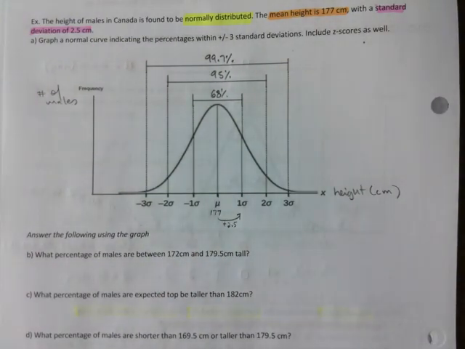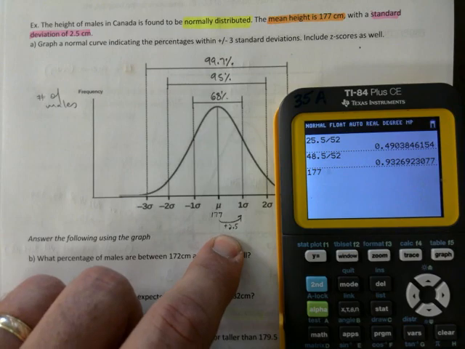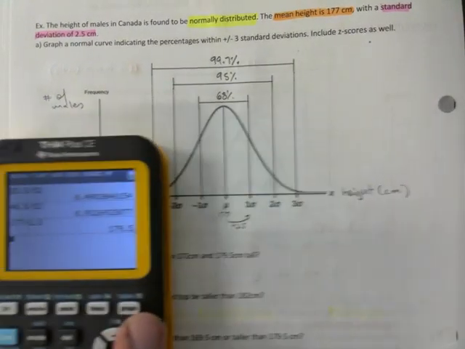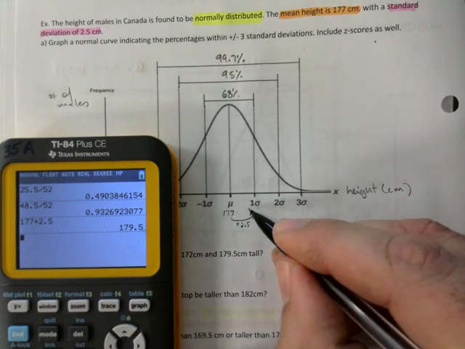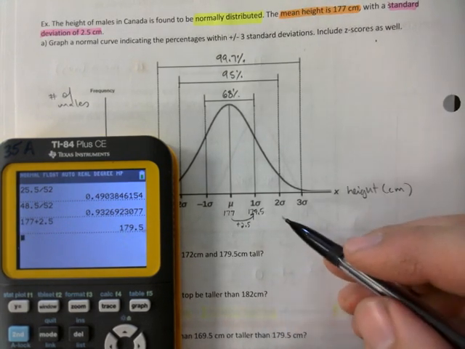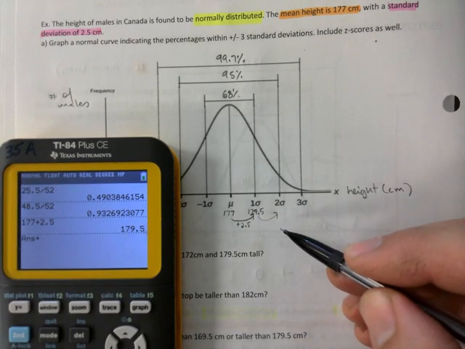Have your calculator, because sometimes these numbers are very weird and you don't want to make a mistake. You grab your calculator, you go plus 2.5. That's 179.5. Then you keep adding another standard deviation to get to the next number.